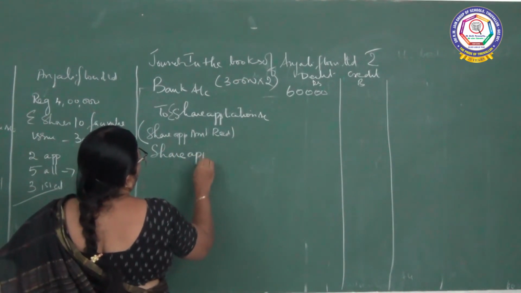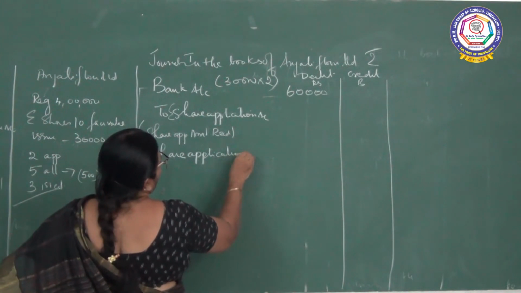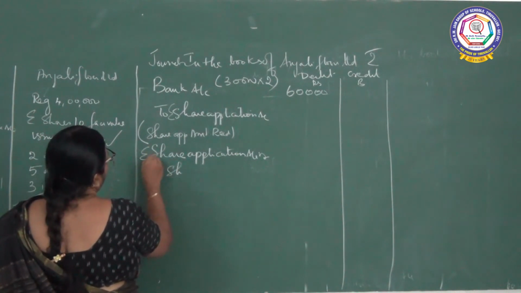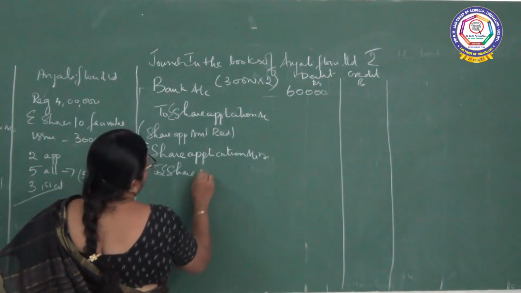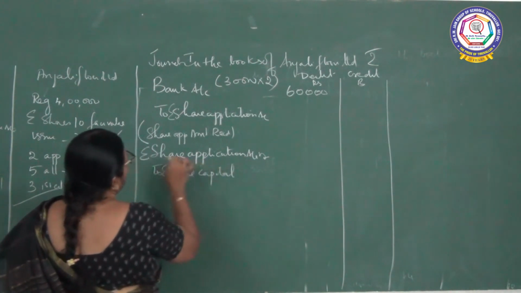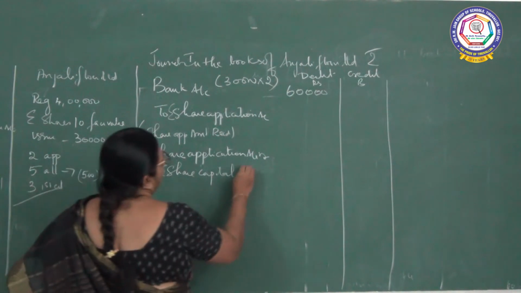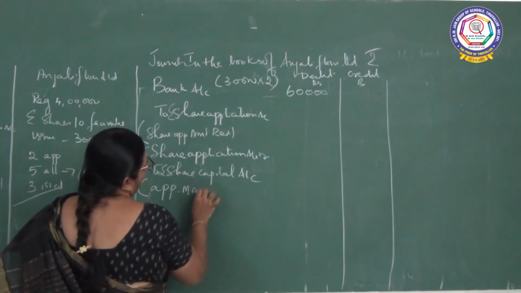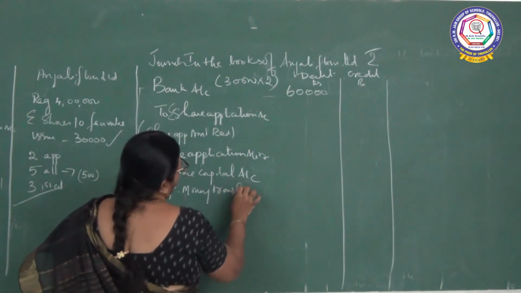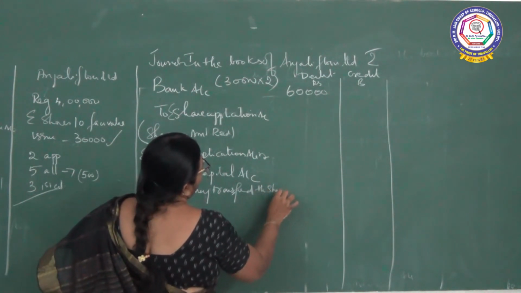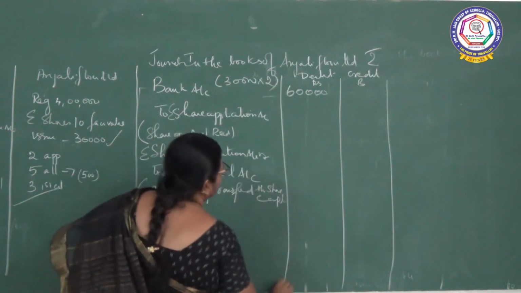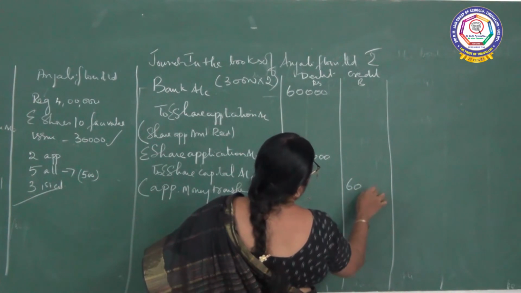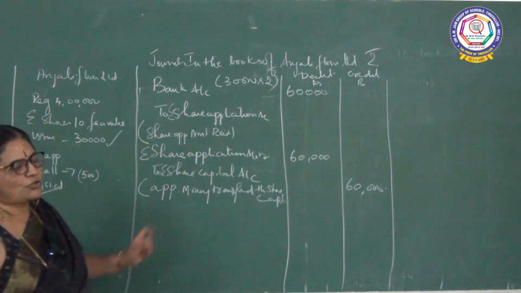So share application account debit to equity share capital account, being application money transferred to share capital. How much are you going to transfer? The entire amount. There is no oversubscription here. Whatever you have issued for is going to be subscribed.